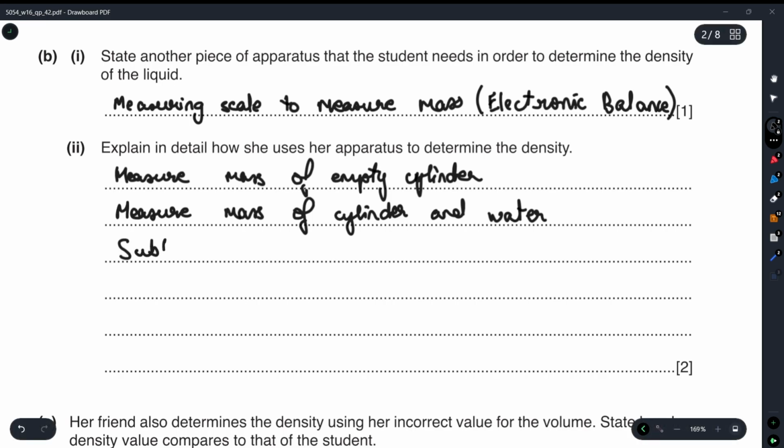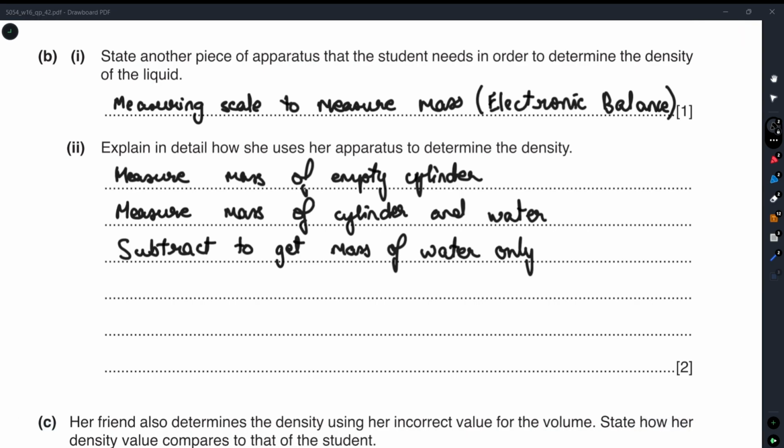Subtract to get mass of water only. So you subtract to get the mass of water only, and then use density is equal to mass upon volume.